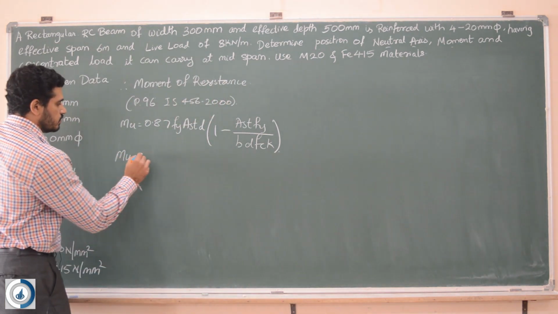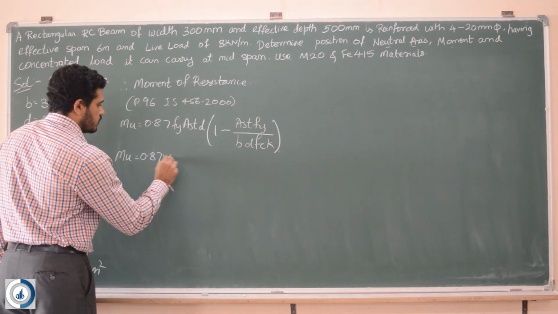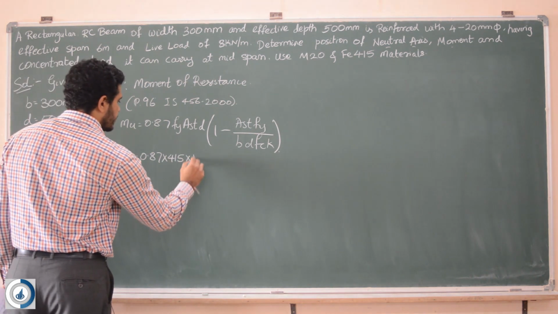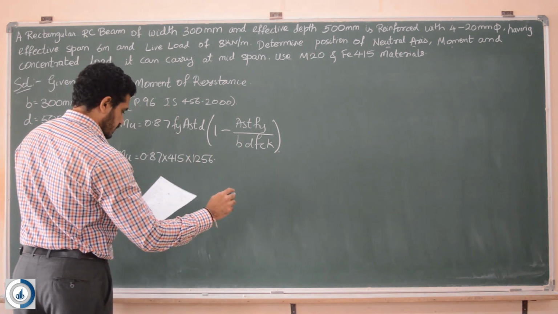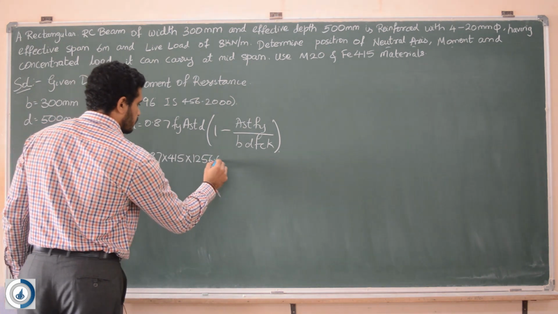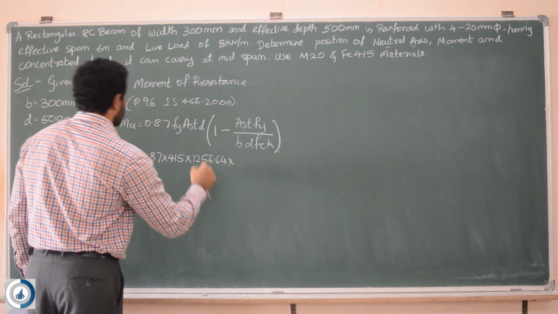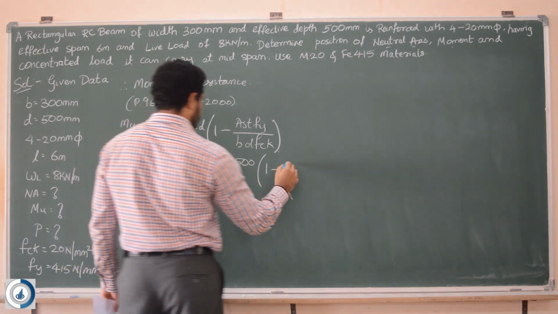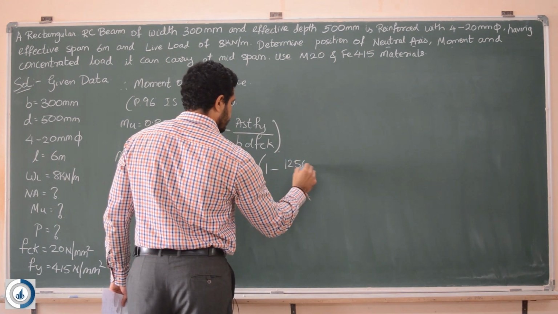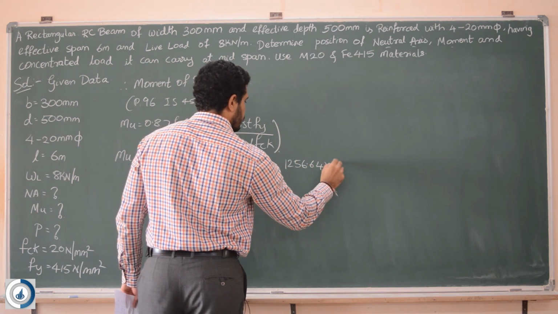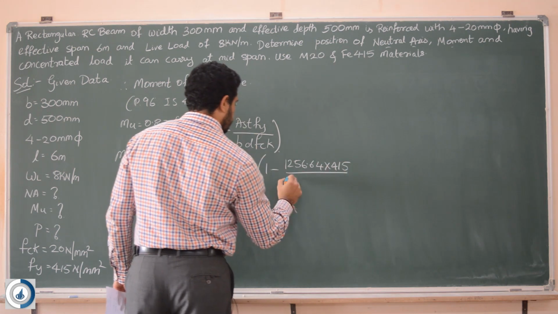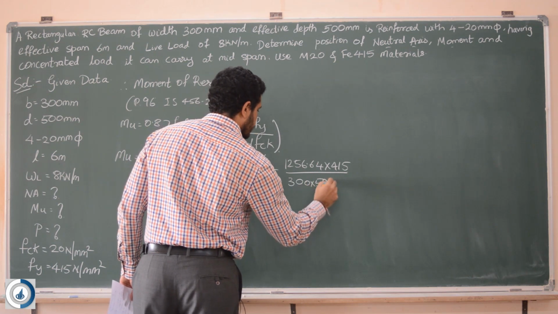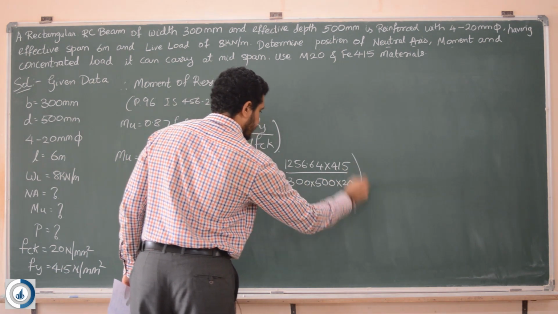Mu equals 0.87, fy is 415 grade of steel, Ast we had calculated, it is 1256.64, into d, which is your 500 mm depth, 1 minus Ast 1256.64, fy is 415, divided by b is 300 mm, d is 500 and fck is 20 grade of concrete.